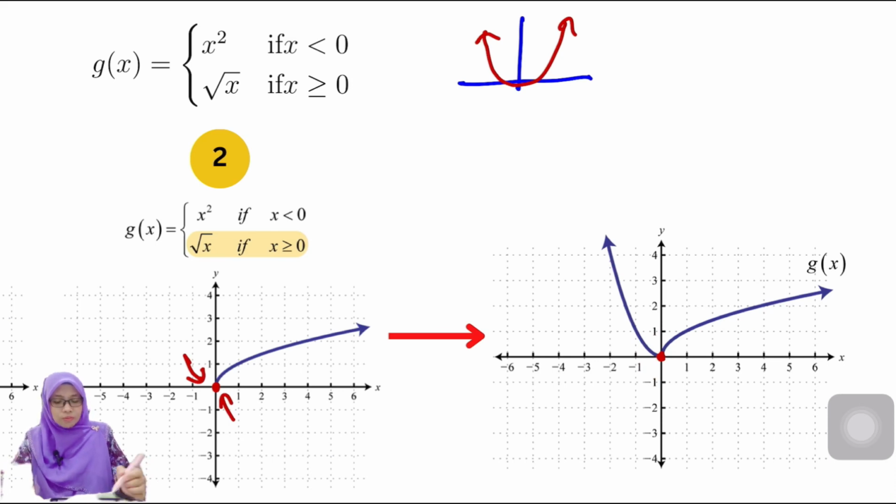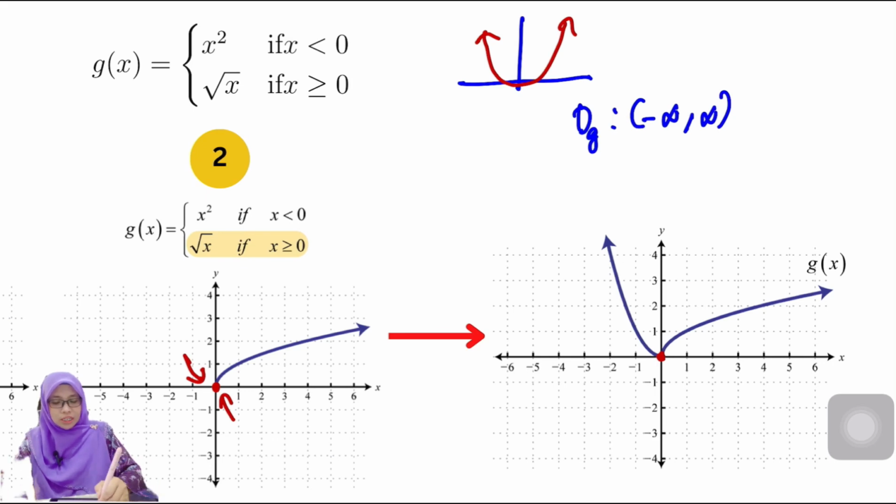When you try to determine the domain from this function g(x), what is the domain? The domain of the function g is definitely from negative infinity until infinity. Why? Because for the domain, we have to look from left to right. We have values on the left, the negative values of x, and values of x until infinity.